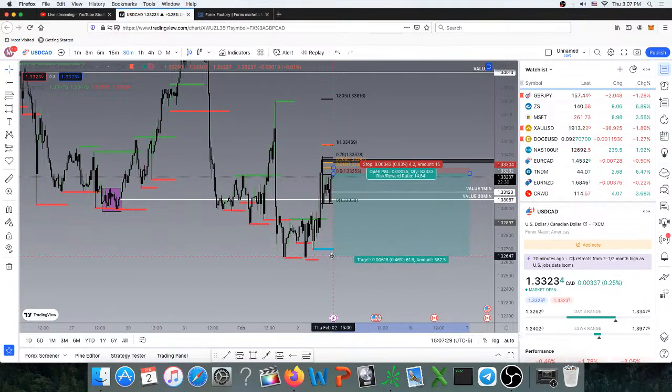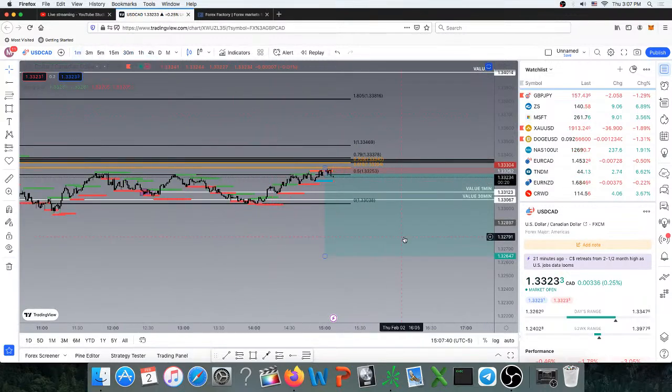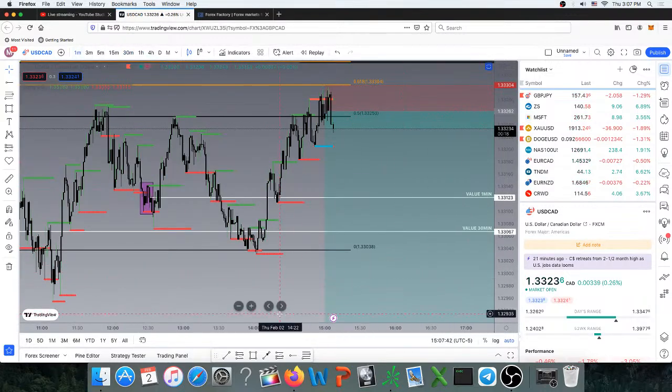Take it back to these lows right here. Because it's not the really desired entry you wanted, we're just going to try to be modest with this here.